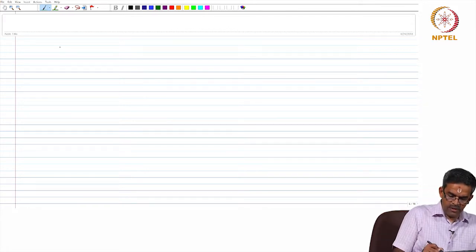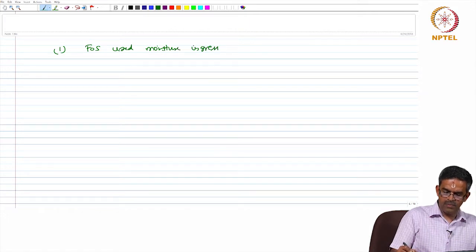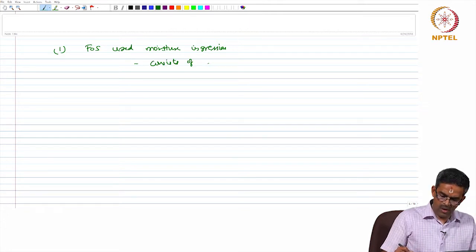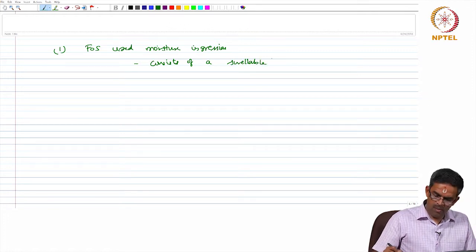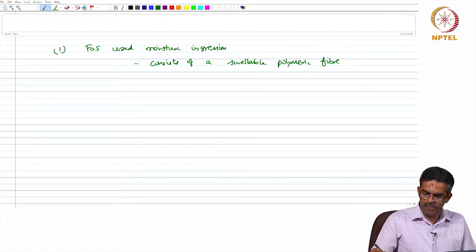So, essentially the FOS sensors used for moisture ingression in principle consists of a swellable polymeric fiber optic sensor.